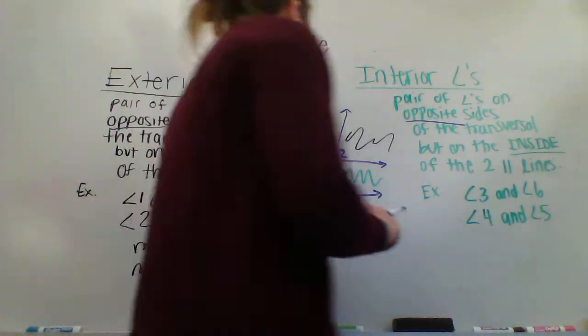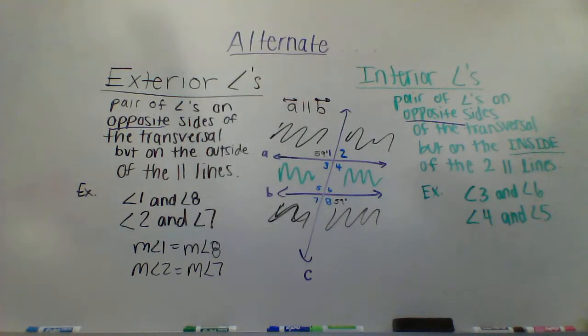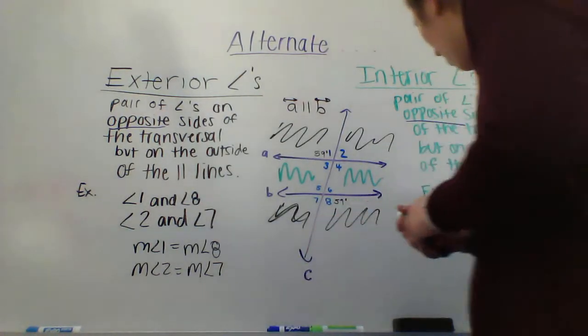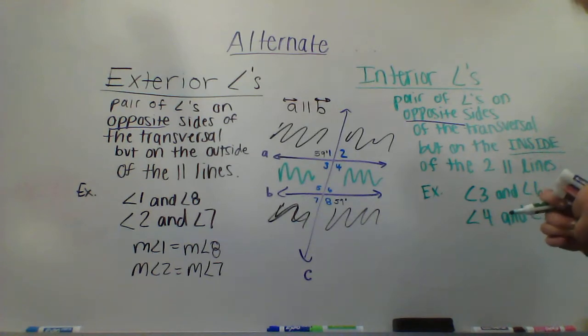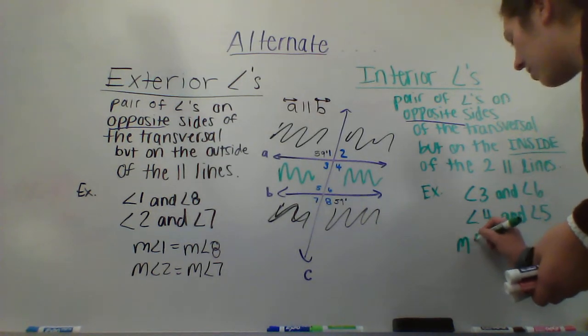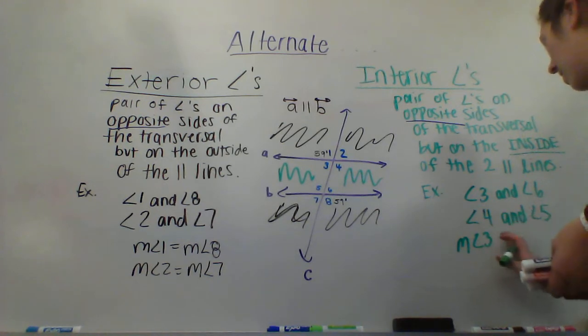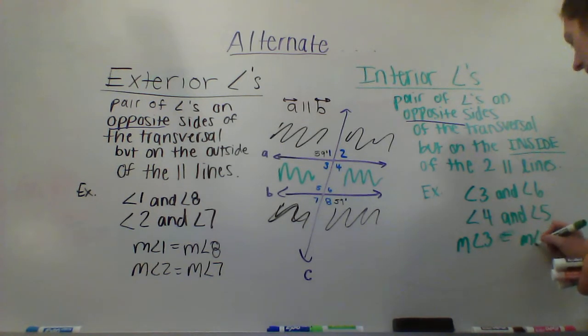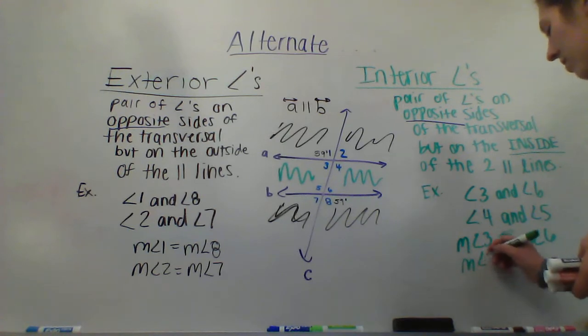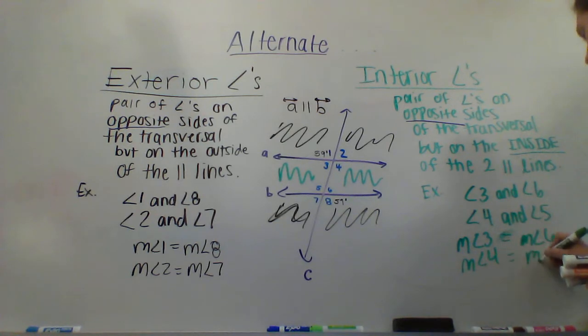Now, the same thing applies for the interior angles. They're always congruent, which means they have the same degree measure. So the measure of angle 3 is equal to the measure of angle 6, and the measure of angle 4 is equal to the measure of angle 5.